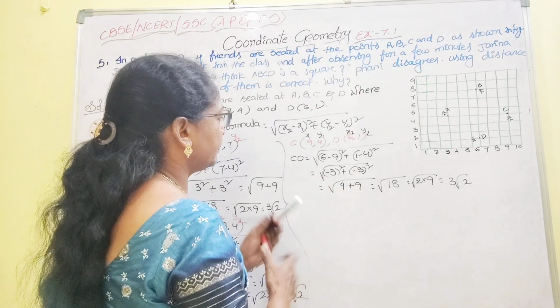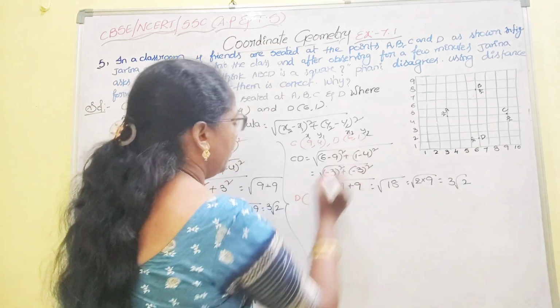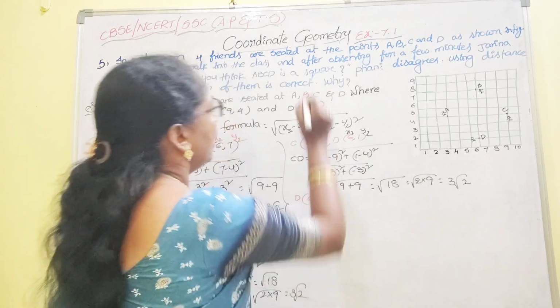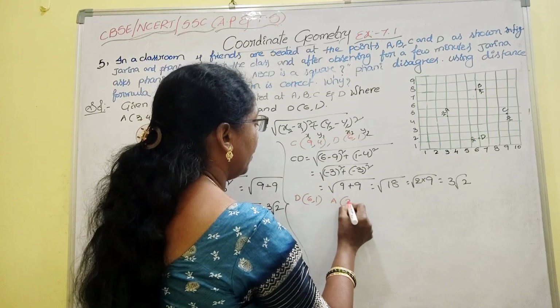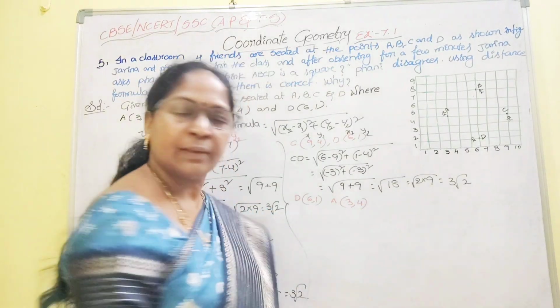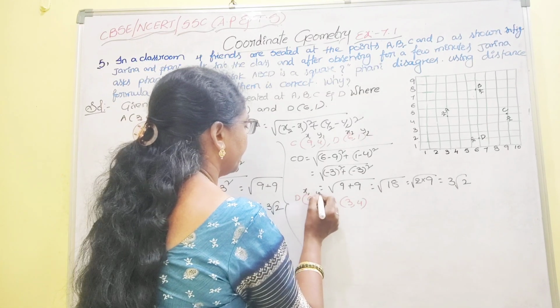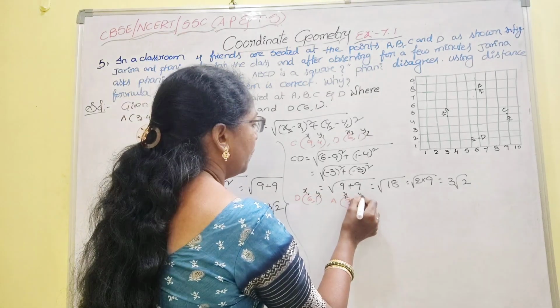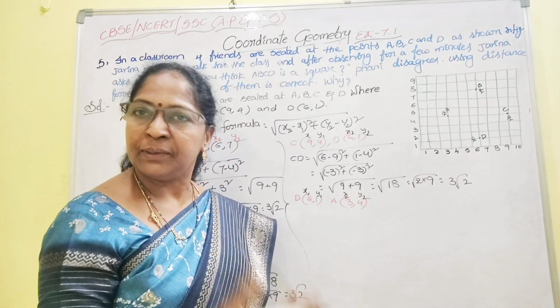Next one. DA, where D is 6 comma 1 and A point value is 3 comma 4. Now again assume x1, y1, x2, y2. Here DA or AD both are same.